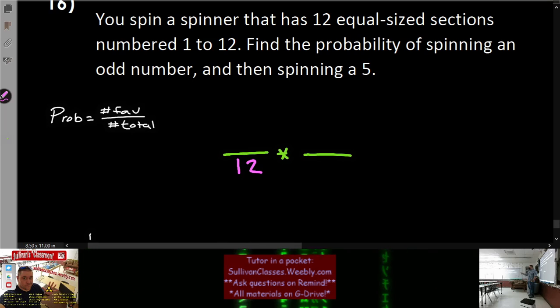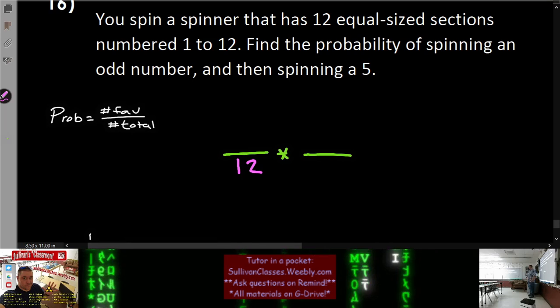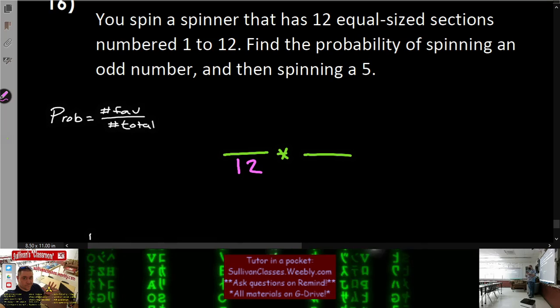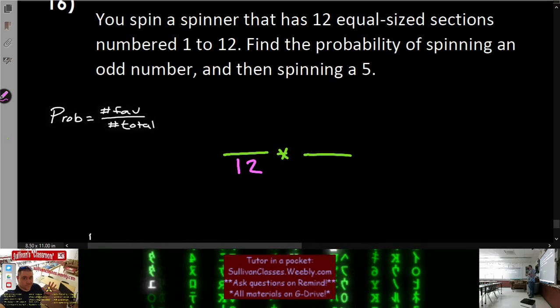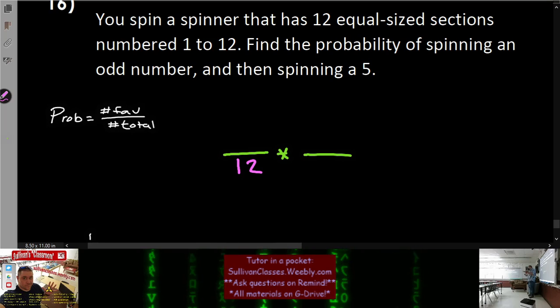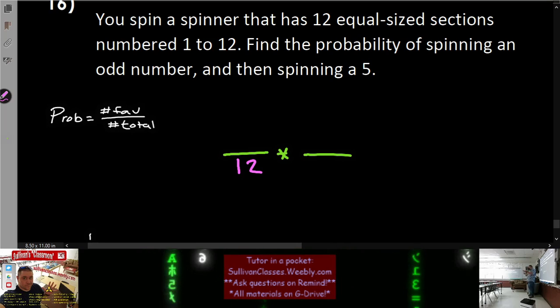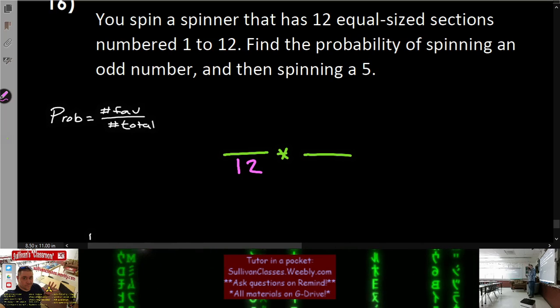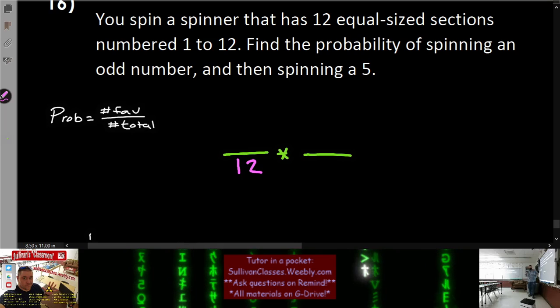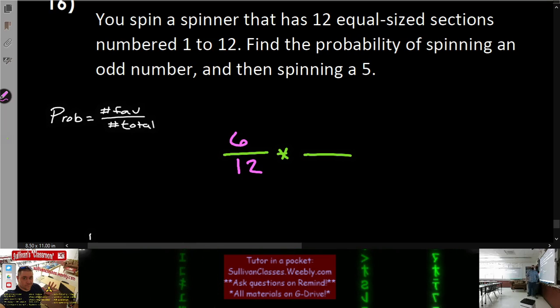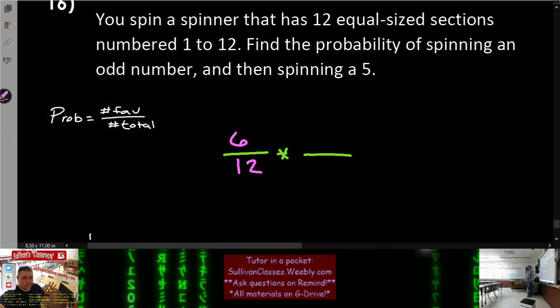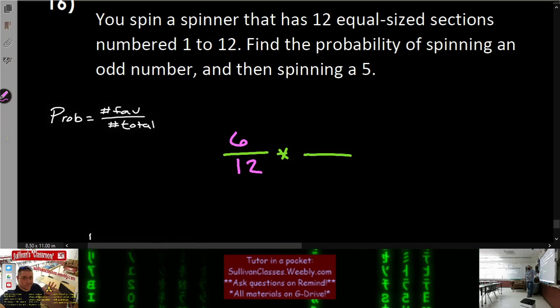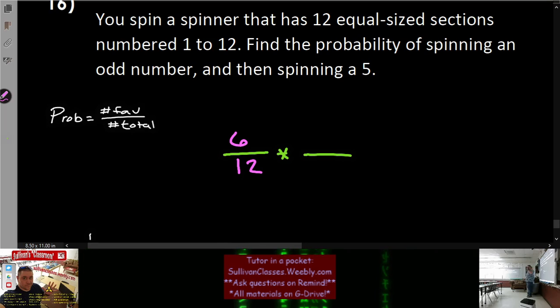As soon as you start counting out, as soon as you go back to those fingers, it's okay. Use your fingers. I'm the math teacher. I use mine. Count. 1 is odd, 3 is odd, 5 is odd, 7 is odd, 9 is odd, and 11. There are 6 odds on the spinner. It will reduce to 1/2, yes. And then it'll be odd then five. No.